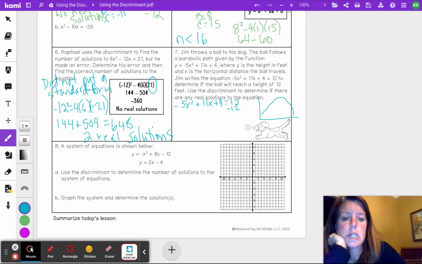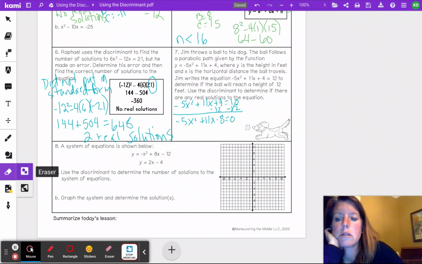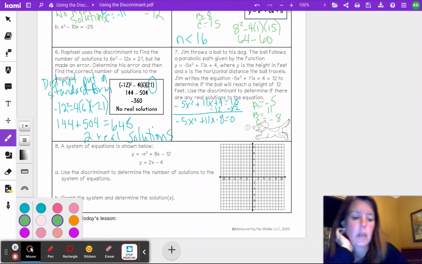Subtract 12 from both sides, and then we've got negative 5x squared plus 11x minus 8. So A equals negative 5, B equals 11, and C equals negative 8.